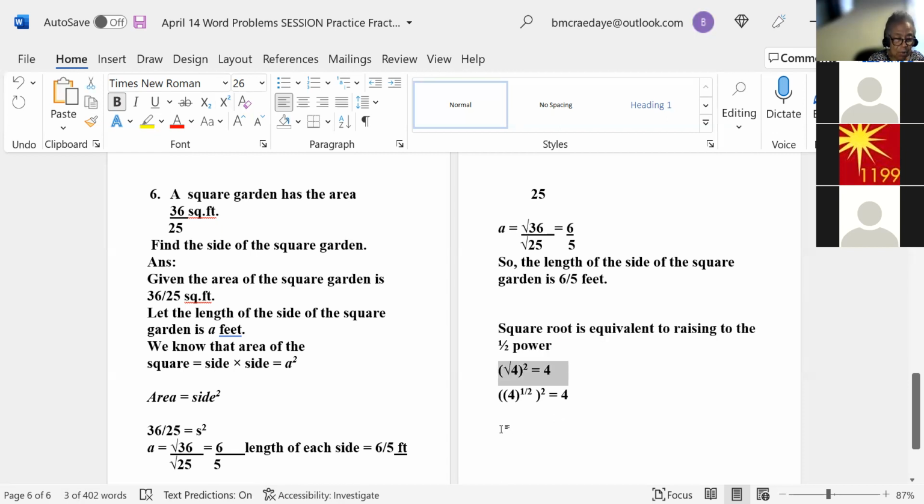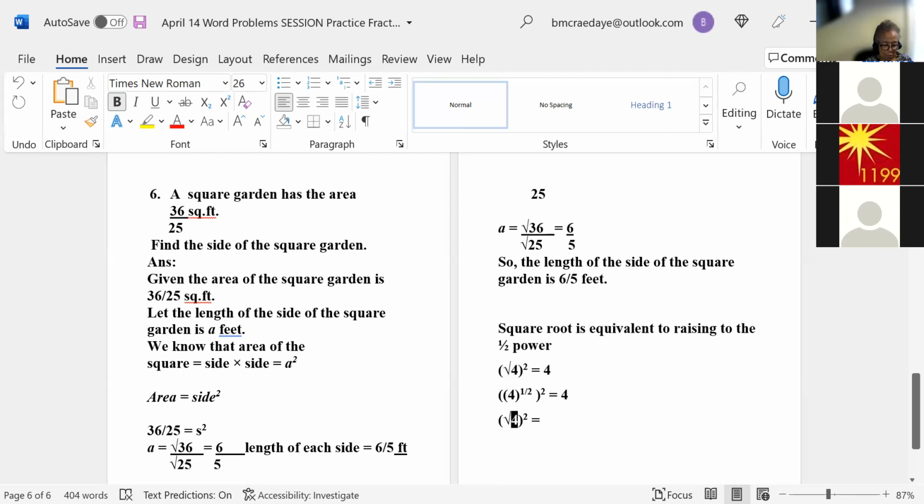Put a 16 where I have a 4. And see if you should get a 16. Put a 16 here where I have a 4.